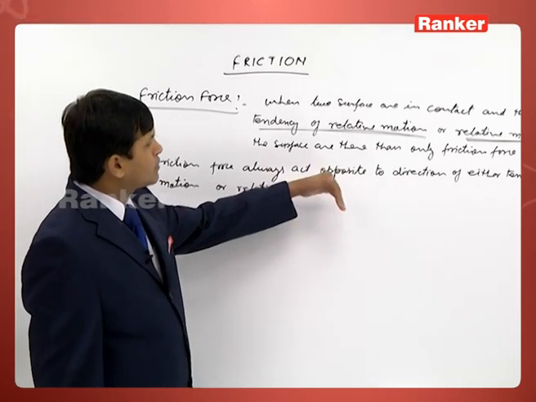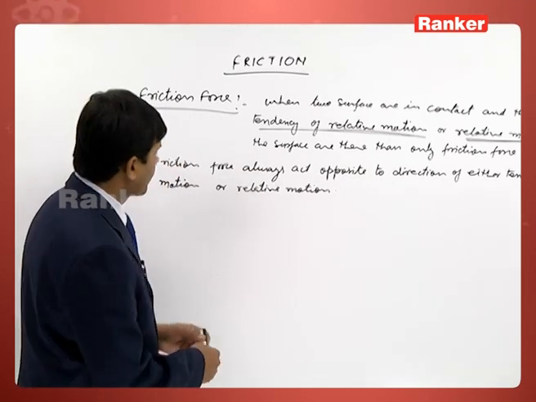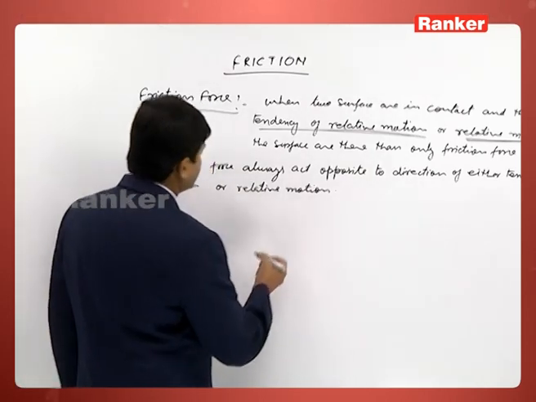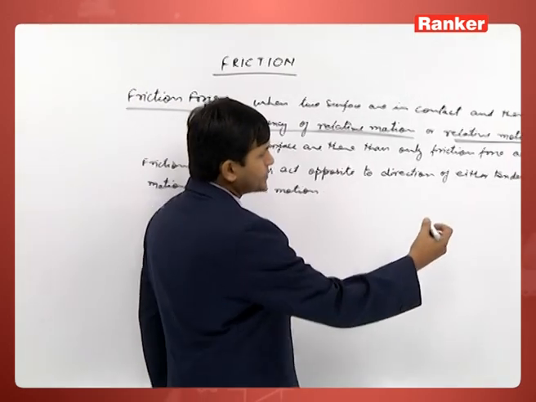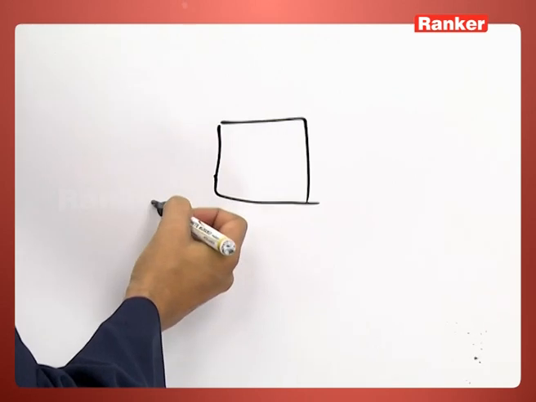First, we would like to clarify what is the meaning of tendency of motion. See, for example, this is a body, it is kept on a surface.